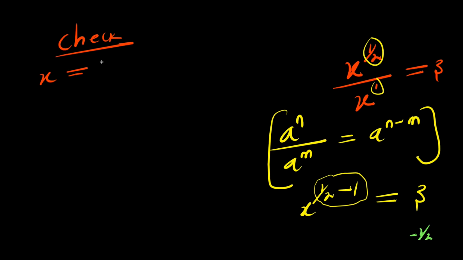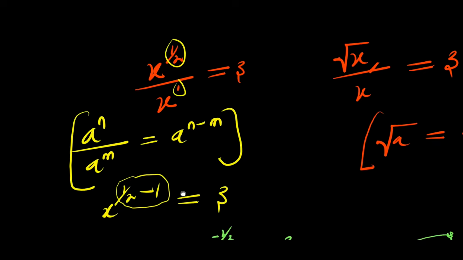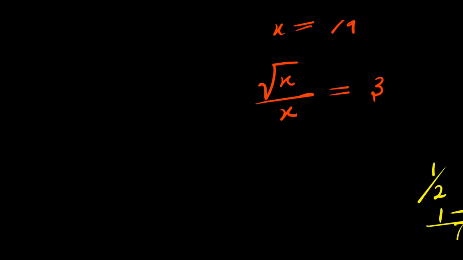We have x equals 0. We have x equals 1 over 9. And that means we have square root of x divided by x equals 3. So we are going to insert each of these values for x to check if it's going to satisfy the equation.